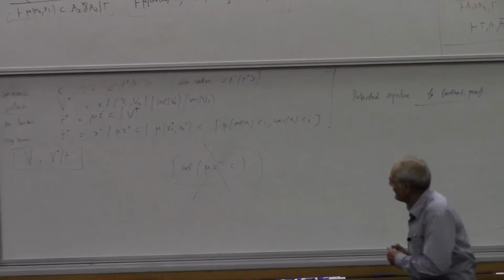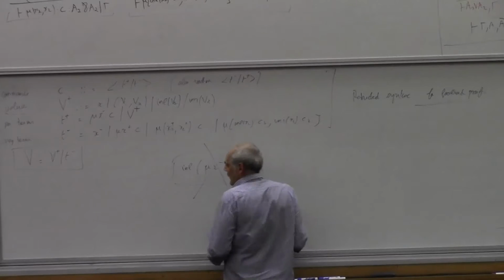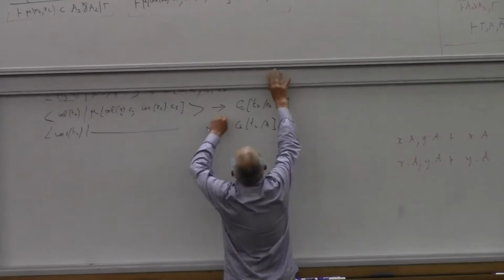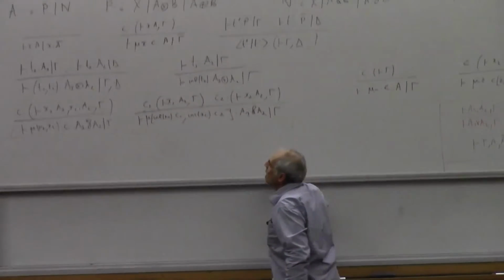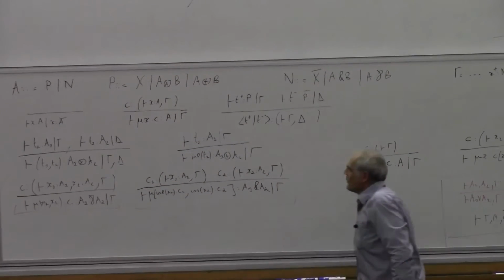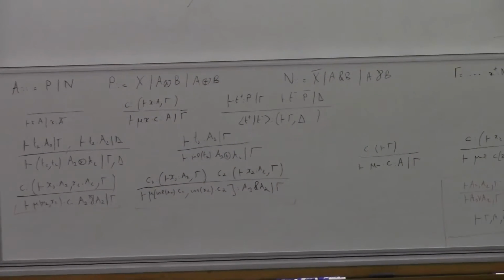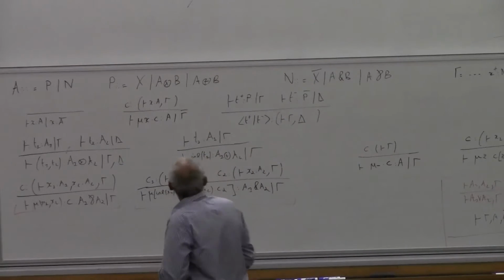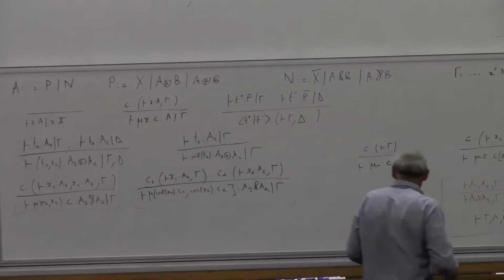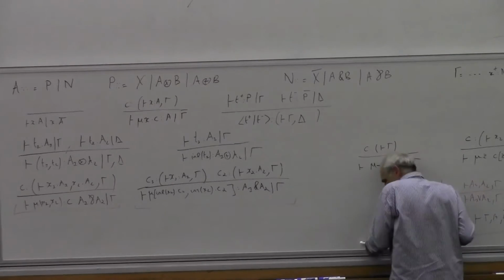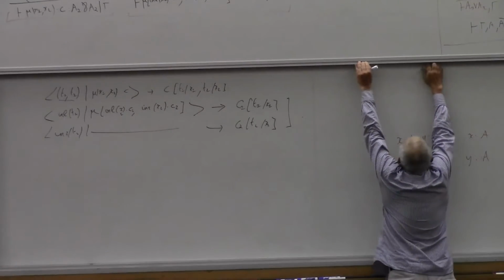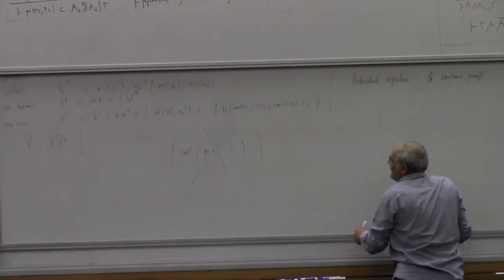So that's the syntax. Now I will design the proof rules accordingly. So there will be a fourth judgment. So far we have seen, we had three categories and three judgments. Now we have four judgments. So maybe I should have written them here.